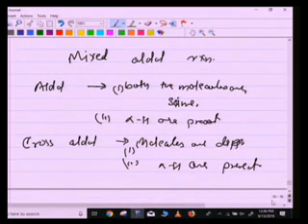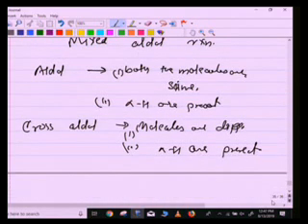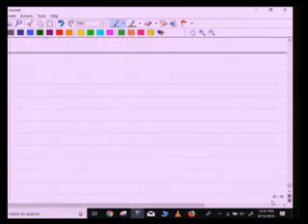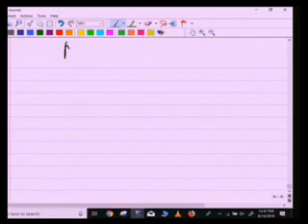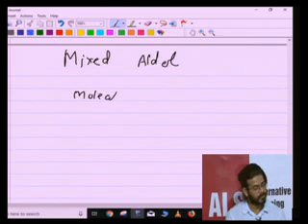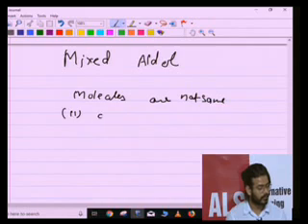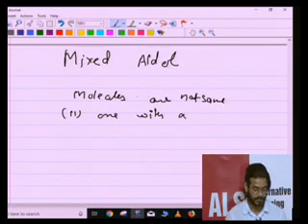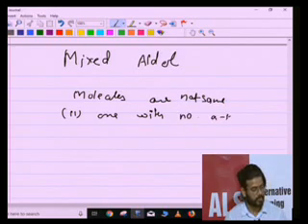Okay. So alpha hydrogens are present. Now if I consider the case of mixed aldol, molecules are different, molecules are not same, and one with no alpha hydrogen.